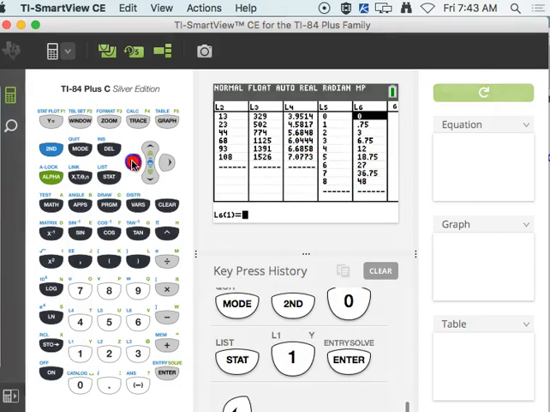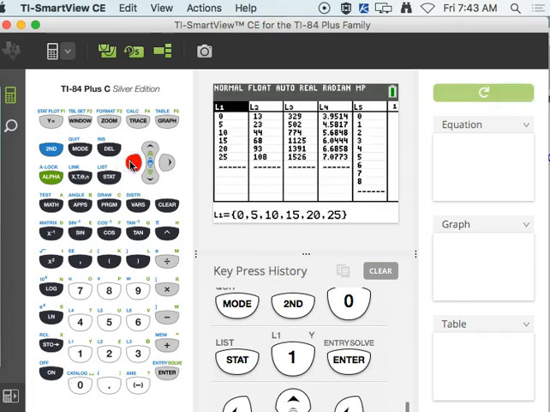So list 1. We had our years since 1980. And then list 4 was when we figured out the percentage that were females because they want us to talk about whether or not that was increasing, decreasing, whatever it was doing.